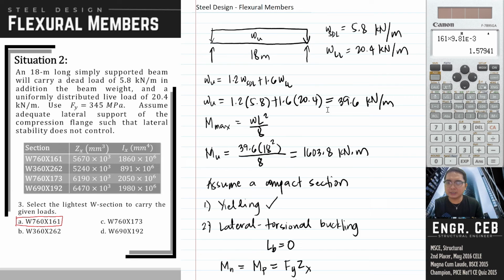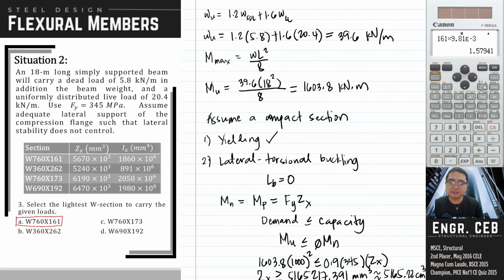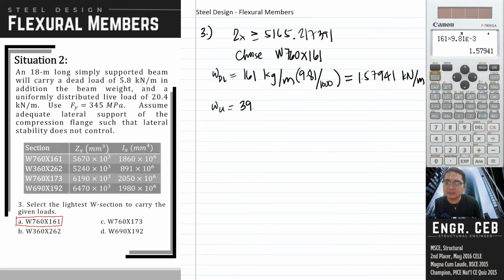So let us compute for the revised factored load. Our previous factored load is 39.6. We need to add the effect of the self-weight. So we have 1.2. Do not forget the load factor. Our new factored load is 39.6 plus 1.2 times 1.57941, which is 41.495292 kilonewton per meter.